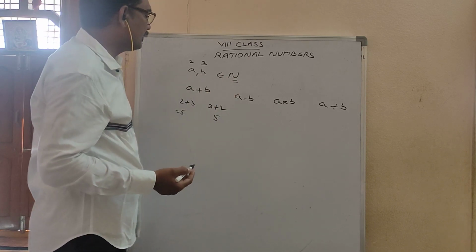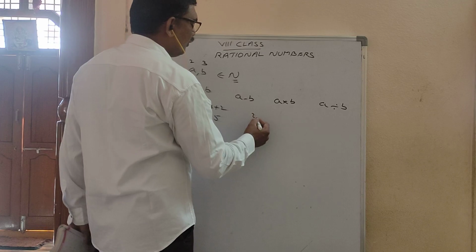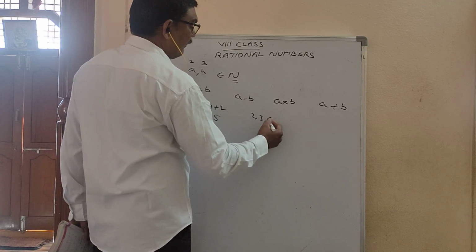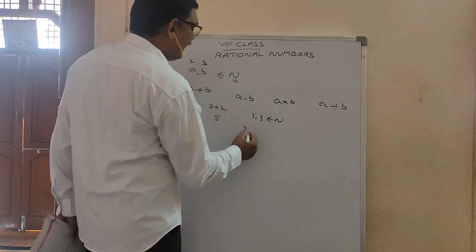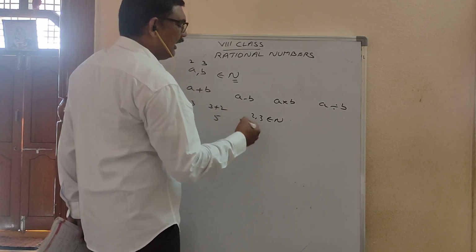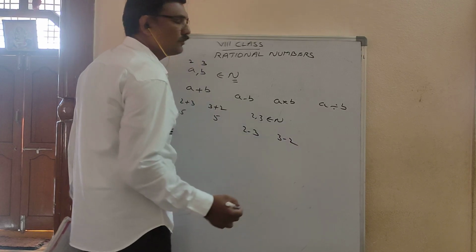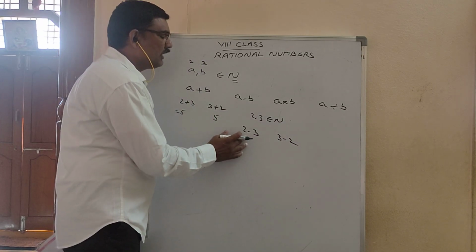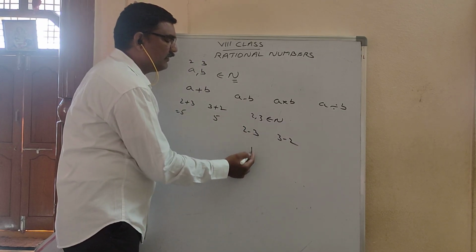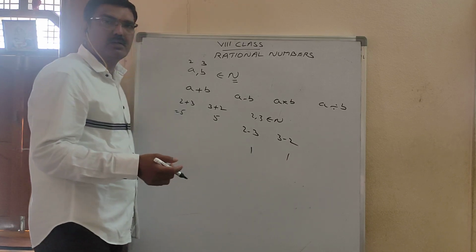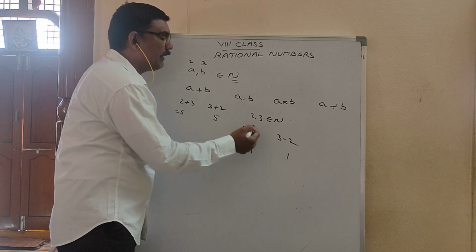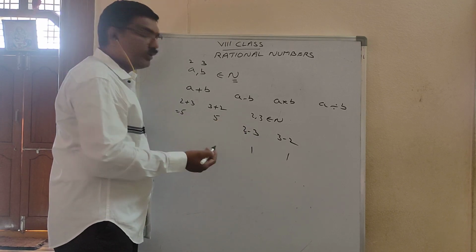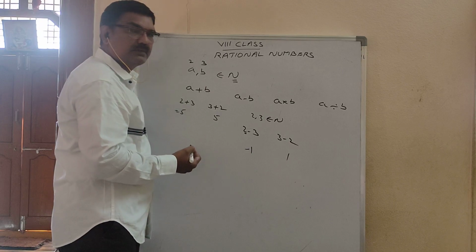Now go for subtraction. Here I am taking 2 comma 3 only, belonging to N. One time I should do 2 minus 3, the other time I have to do 3 minus 2. Most students will think that 2 minus 3 is 1 and 3 minus 2 is 1. That is wrong. 2 minus 3: from 2 you should subtract 3, so it is minus 1.